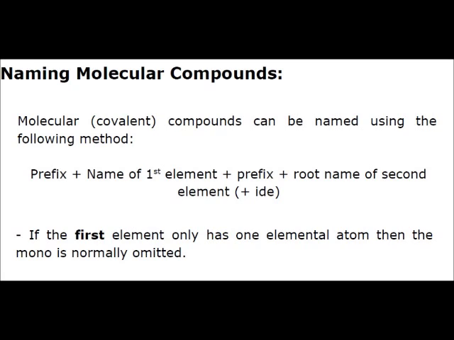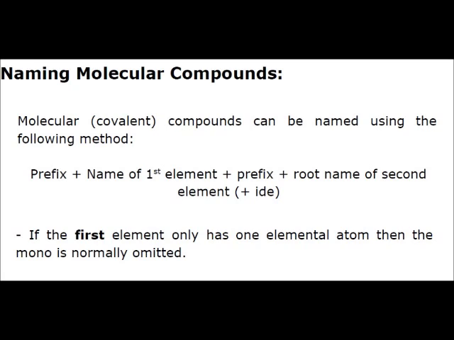It's just implied that you have that one element. But for the second element, if I only have one of the second, it's going to have the mono prefix.